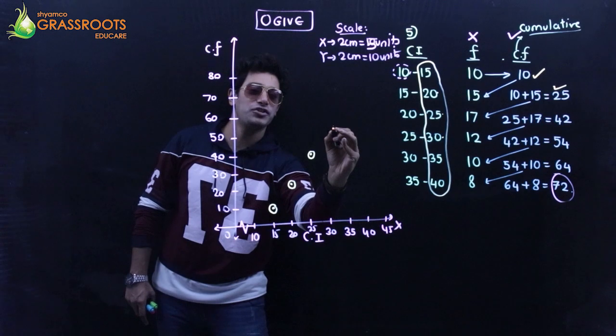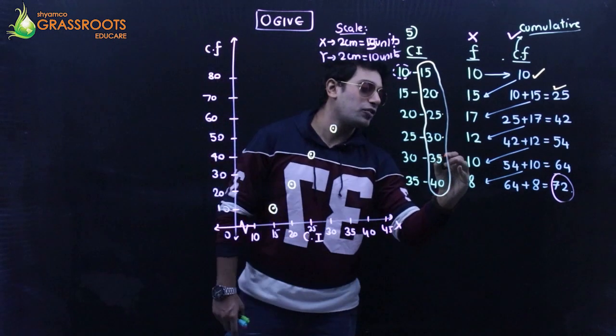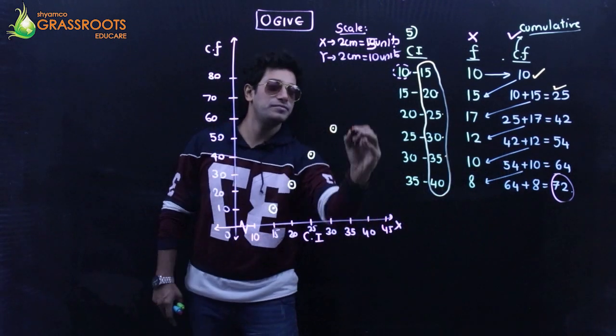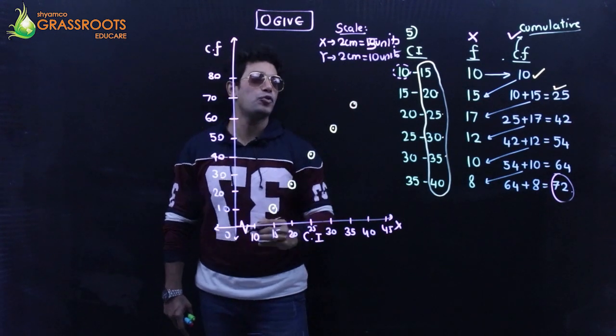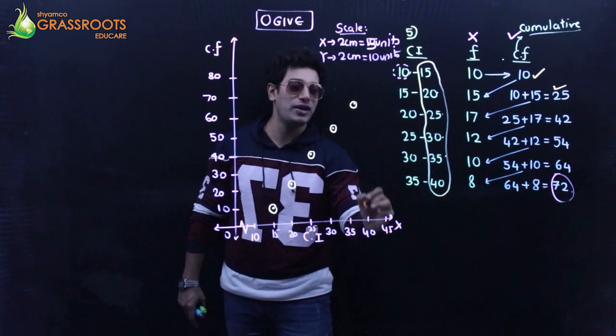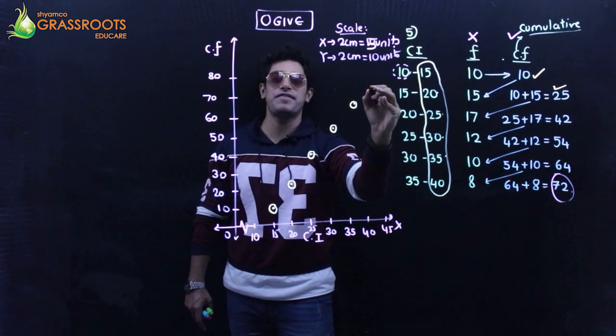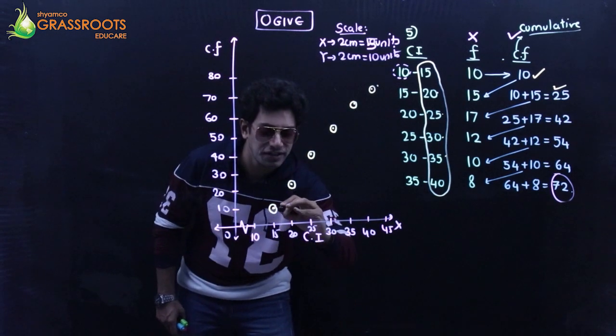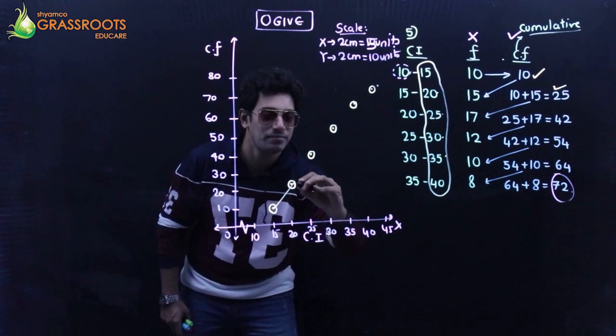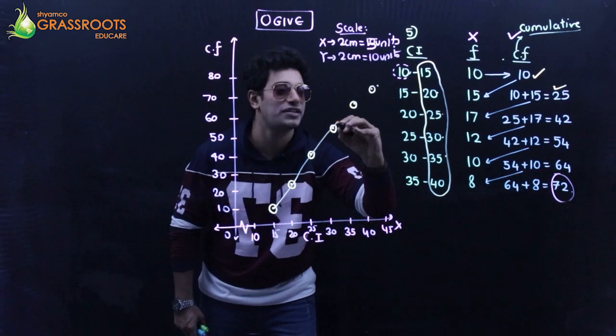At 35, it is 64, between 60 and 70. And last, 72 at 40, between 70 and 80. Now, you join it like a freehand diagram, joining two points at a time.